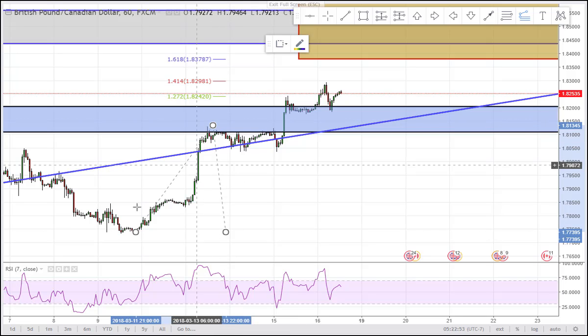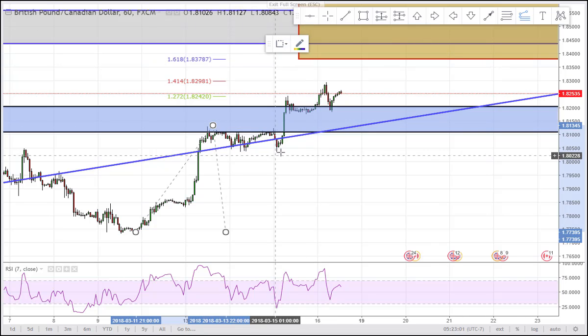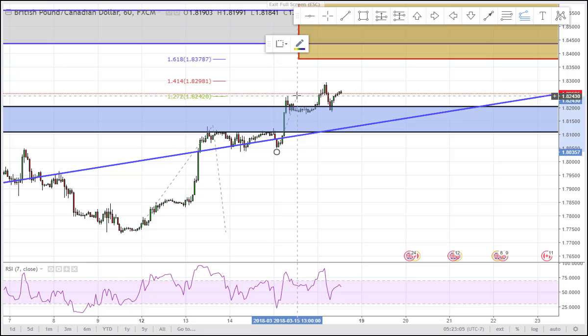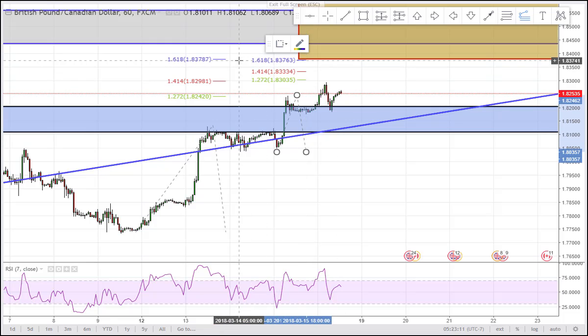As we take our extension tool from this leg to this upper leg, you can see that we have a 618 right at this area. Now if you try to take an extension tool from this X to A and right back to X, you can see that we have a confluence of our 1618 right here at this area.